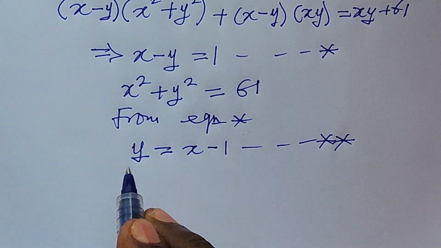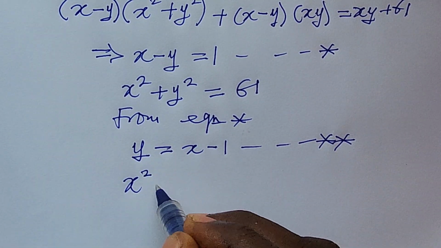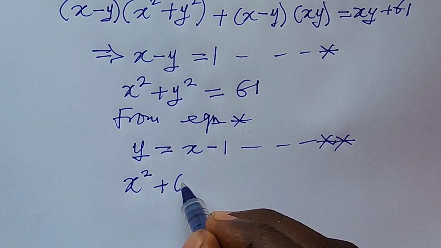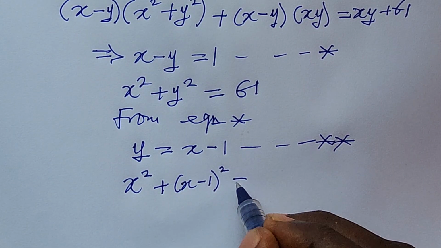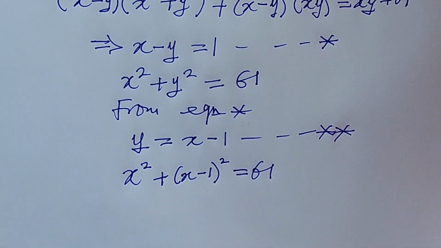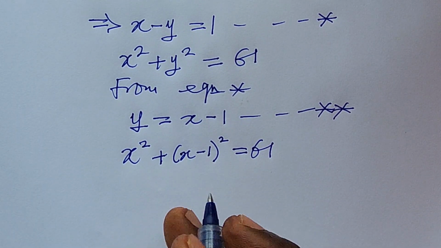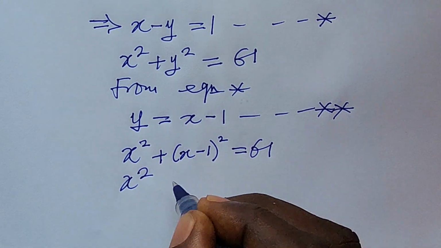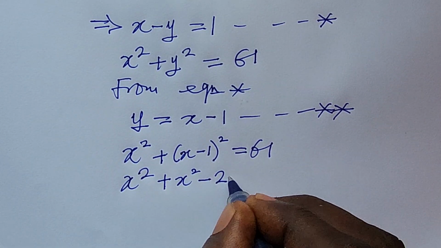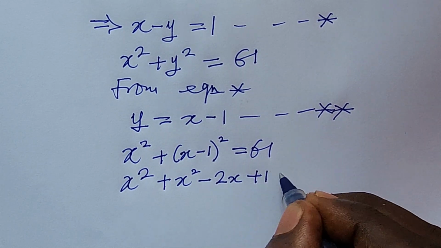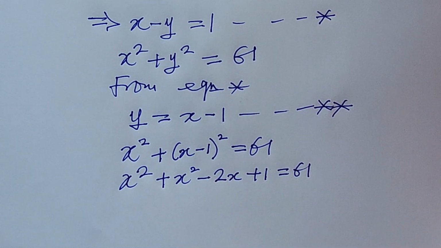So this equation now implies that x to the power of 2 plus (x minus 1) all to the power of 2 equals 61. All we need to do is open up this here. If we open this, it will give us x to the power of 2 plus x squared minus 2x plus 1 equals 61.